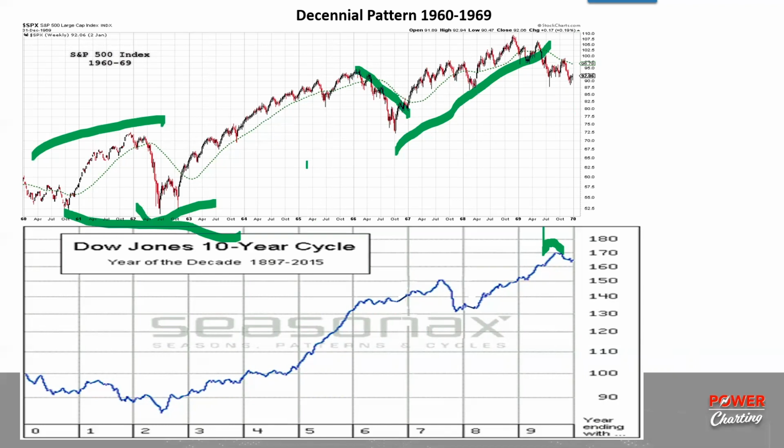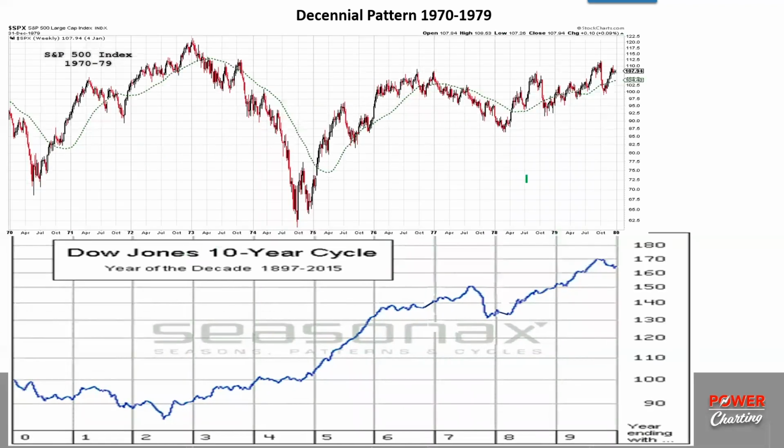So here again, there's a good family resemblance in the decennial pattern of the 1960s, but keep in mind that this was a period of tremendous economic growth, 5% GDP growth, really a great period for the real economy through the 60s and into 1970.